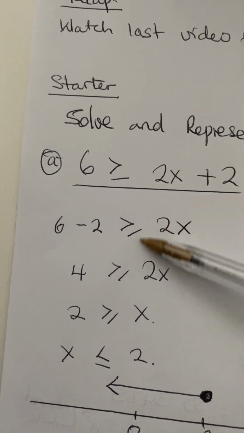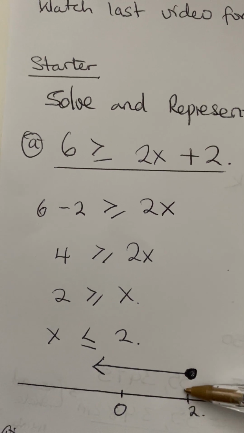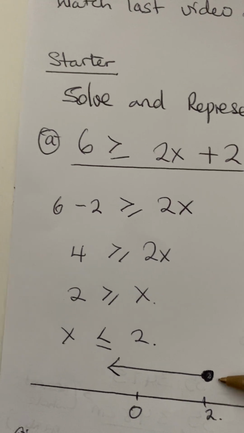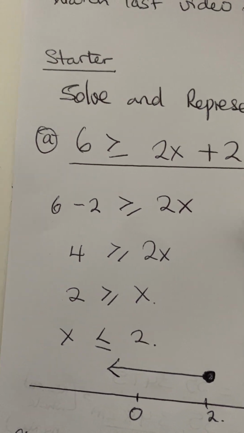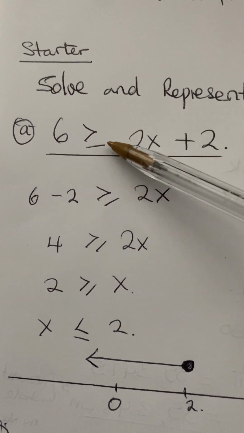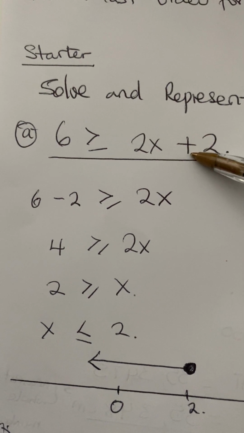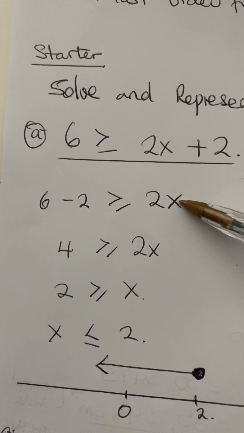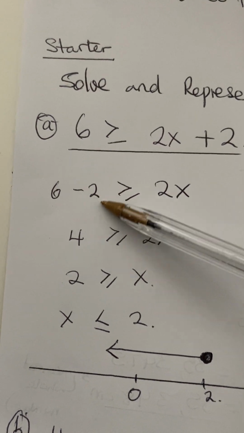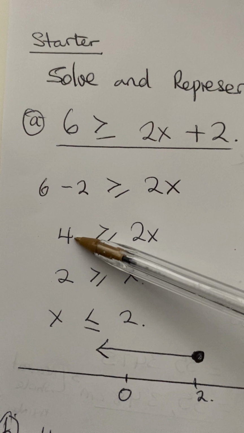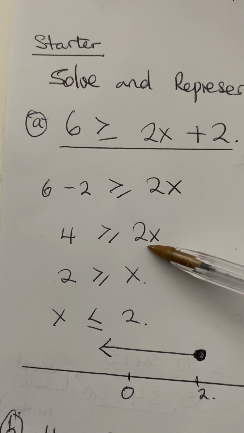So you are going to solve this and then represent it on a graph. We did a couple yesterday. Here, if we want to get rid of the plus 2, we subtract 2 from both sides. So 6 minus 2 is 4, greater or equal to 2x.